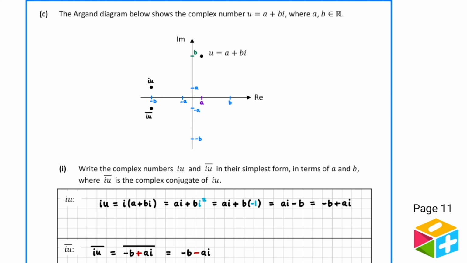IU conjugate has a real component of minus B and an imaginary component of minus A. So we go to minus B on the real axis, minus A on the imaginary axis, and plot a point at their intersection.